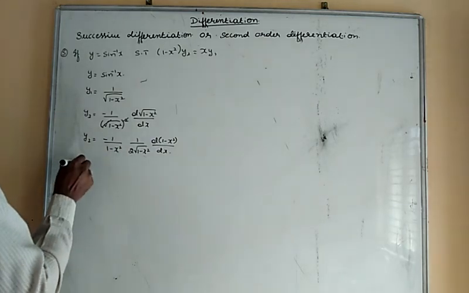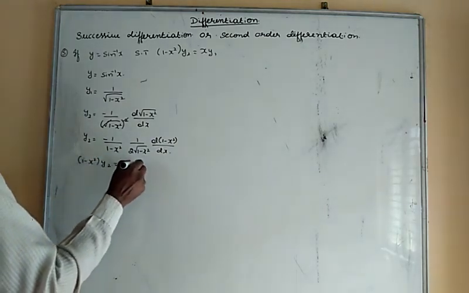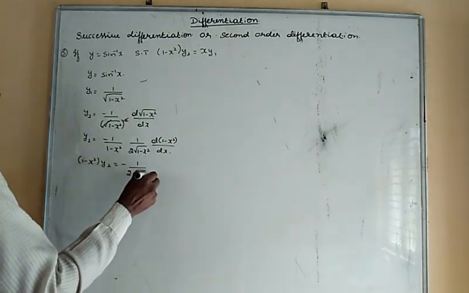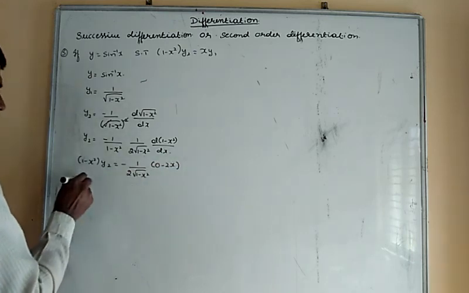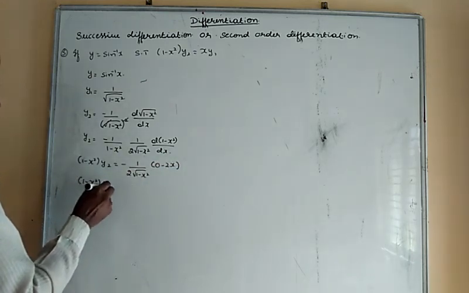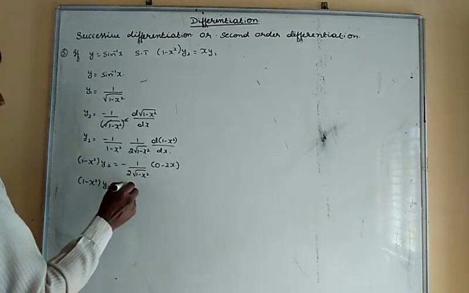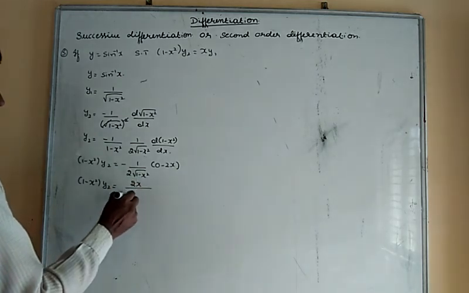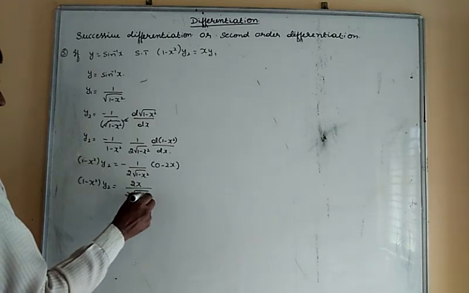Then if you cross multiply, 1 minus x square into y2 is equal to minus 1 by 2 root of 1 minus x square. 1 differentiation is 0, x square differentiation is 2x. Then 1 minus x square y2 is equal to minus into minus plus 2x by 2 into 1 by root of 1 minus x square.